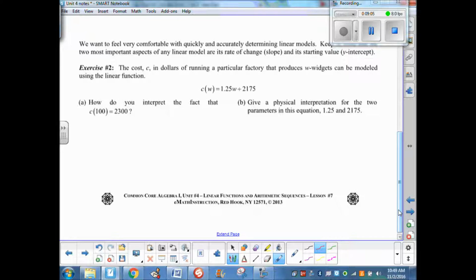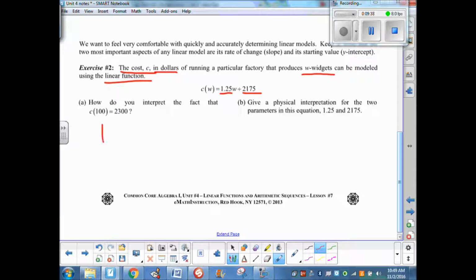It says the cost C in dollars of running a particular factory that produces W widgets can be modeled using the linear function. So they're giving us our function. The cost of W, C of W is equal to 1.25 W plus 2,175. There's our rate of change, and there is our starting. So how do we interpret the fact that C of 100 equals 2,300?